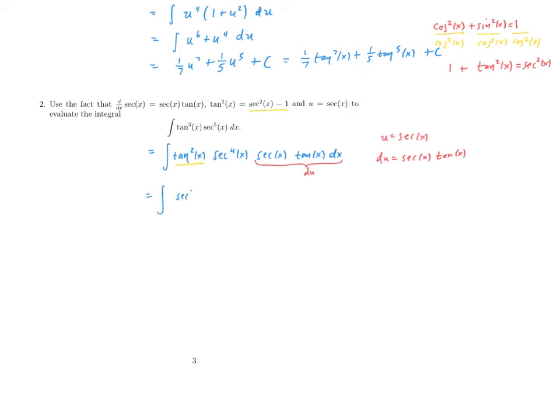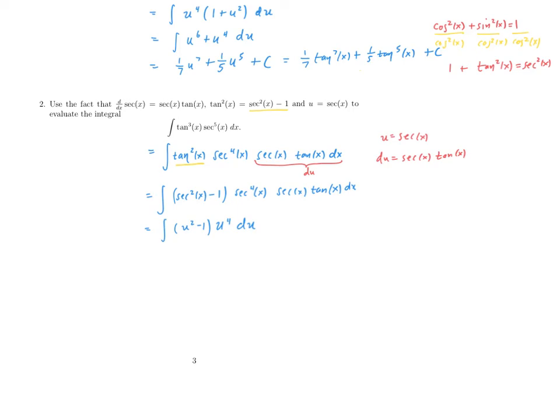So we would have secant squared minus 1 multiplied by secant to the fourth times secant tangent. Now we're good to go with our substitution. The secant squared is u squared, secant to the fourth is u to the fourth, and the secant tangent dx is simply du. And note, once again, we have an extremely reasonable integral left over to evaluate.